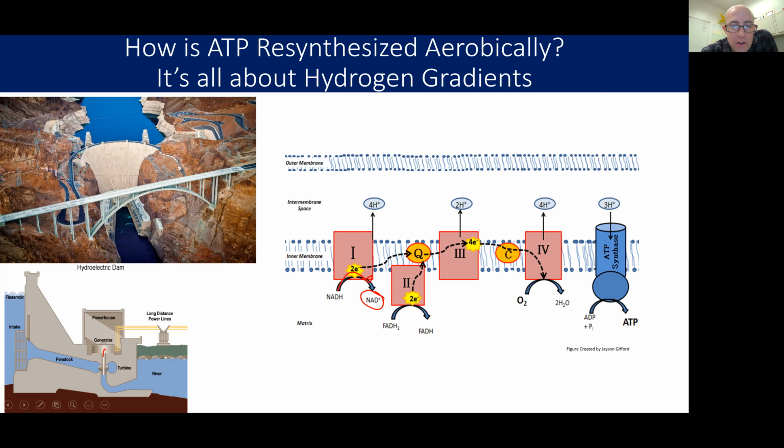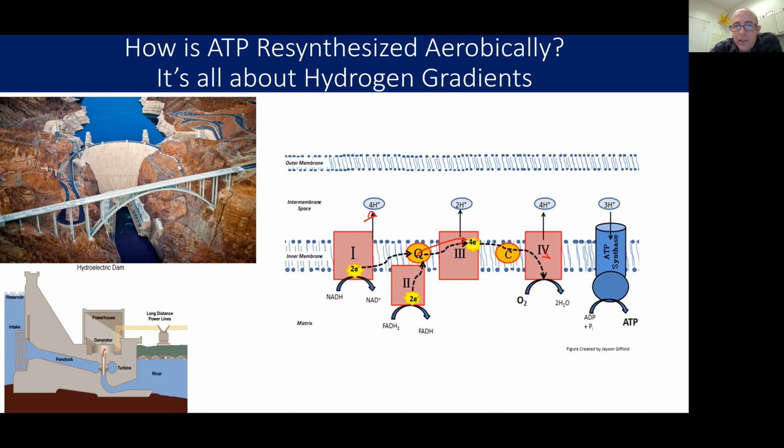As the electrons go from complex 1 to something called coenzyme Q, which is a transporter, energy is released. And that energy release is what facilitates the movement of hydrogen up the gradient. And then electrons are passed from coenzyme Q to complex 3, from complex 3 to complex 4. And as it's moving from complex to complex, it's providing energy to move hydrogen up the gradient.